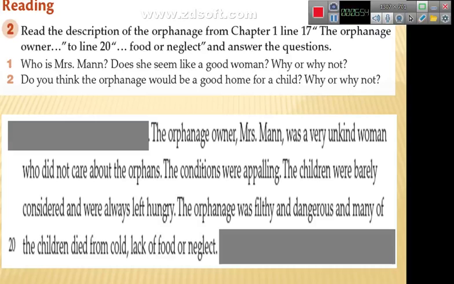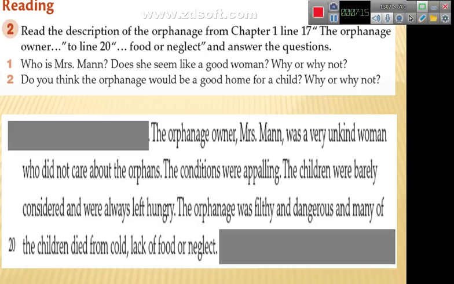Mrs. Mann was a very unkind woman, as I told you before in the introduction of the characters of the novel, who didn't care about the orphans. The orphanage was filthy.